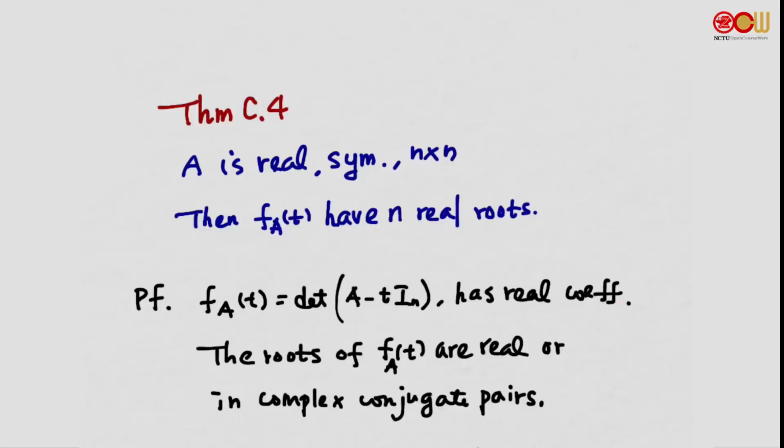So we can see that the roots of the characteristic polynomial are either real or in complex conjugate pairs. They are in pairs like this: a plus jb and a minus jb. But we want to show that all the roots are real, right? So it does not have roots of this form, only real roots.